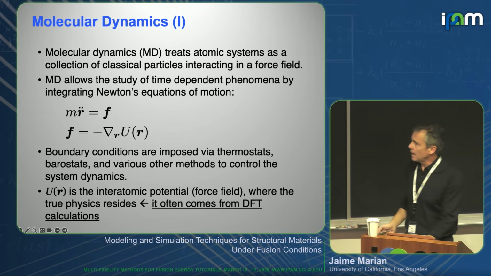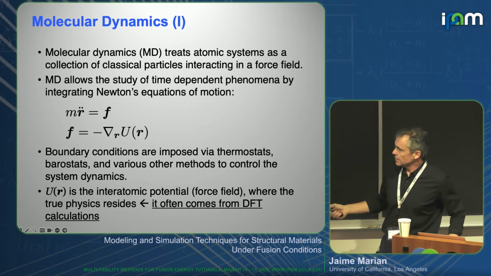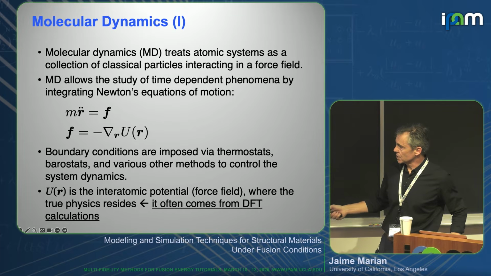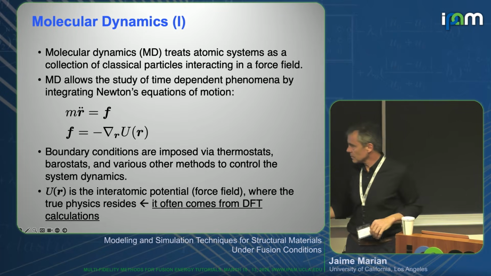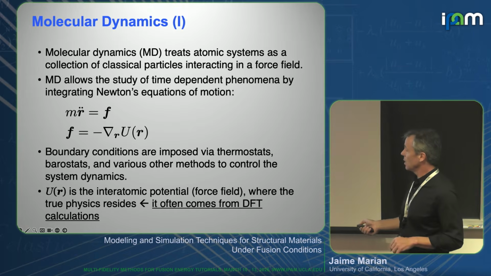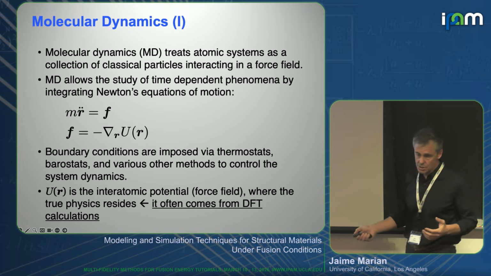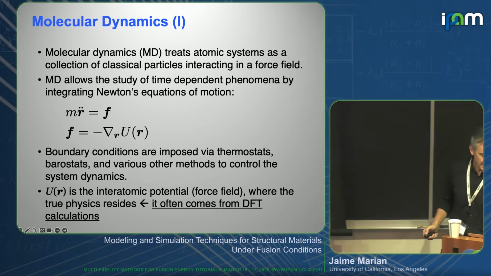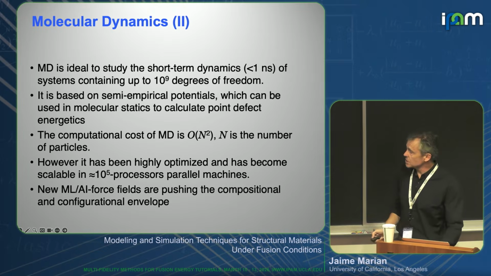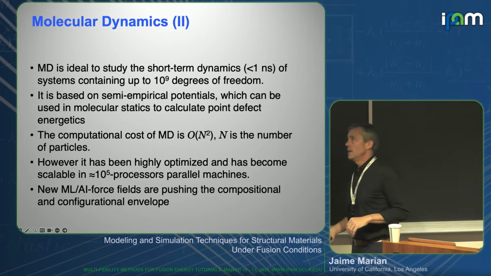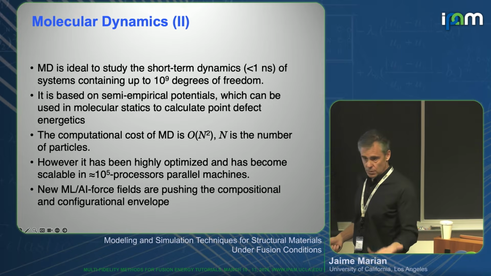All right, so we do that, and these require something known as force fields, which is the gradient of the potential energy functional. And these force fields often come from DFT calculations, so there's a linkage there. There are machine learning approaches that are really helping us make progress in terms of these force fields.